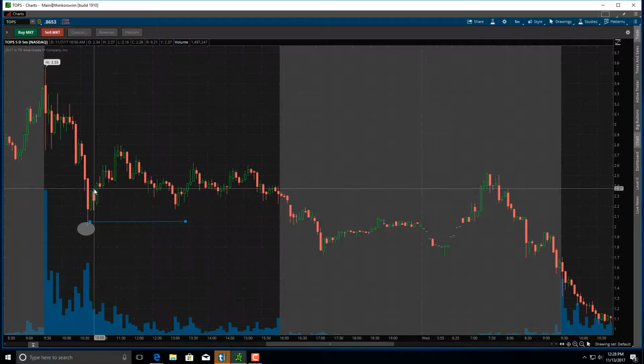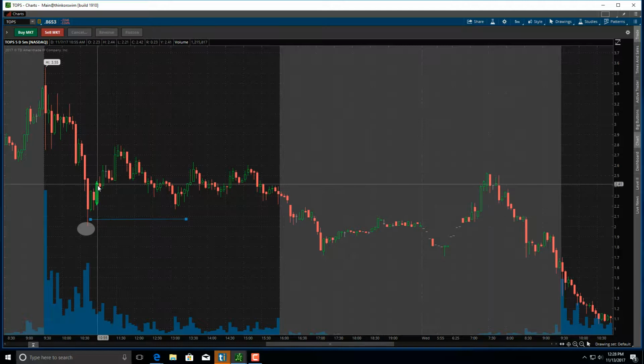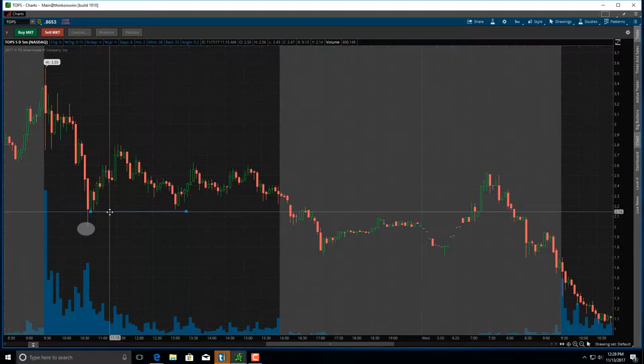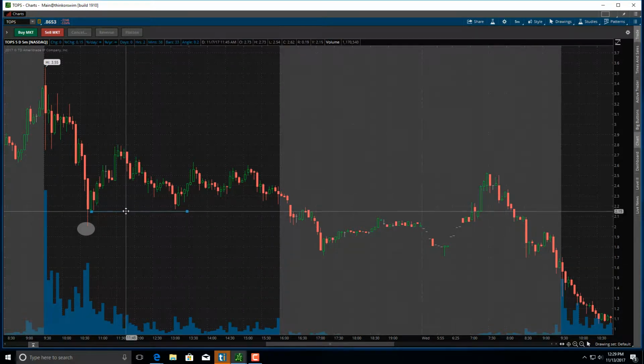The next candle, the high goes up to 2.37. Your trailing stop order is now at 2.07, 30 cents from the high. This next candle goes up. The high of this candle was 2.44, so your trail is up to 2.14. That order continues moving up from whatever the high is, down 30 cents. This next candle, this red candle, the high was 2.49, so that's 2.19.